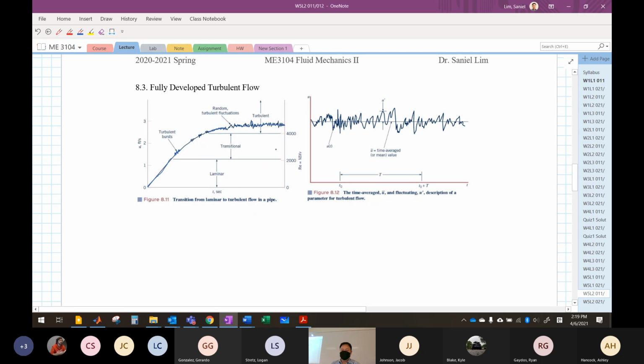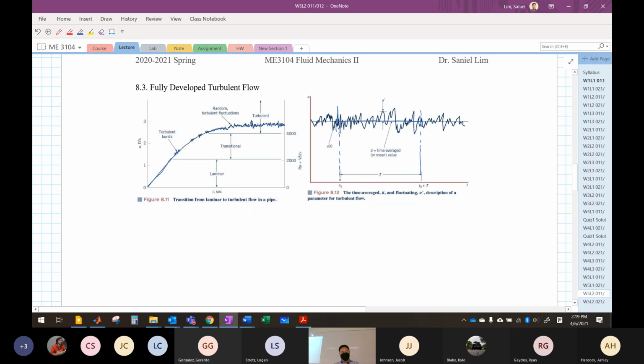So how can you characterize the velocity then? The instantaneous velocity is going to be crazy like that, going up and down, sometimes faster, sometimes slower. So what you can do is measure it for a certain period of time. Let's say capital T is the time interval.